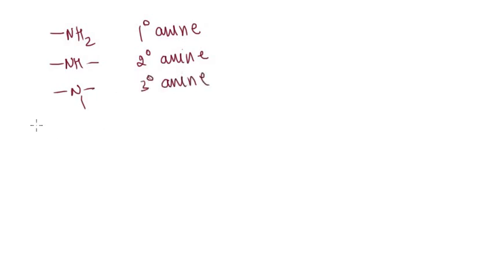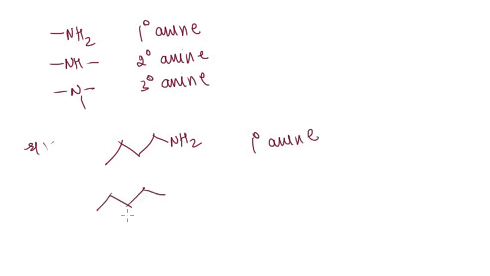So if I write some examples again, NH2, it will be a 1 degree amine. If I write this, it will again be a 1 degree amine. Now let's take some more examples. It will again be a 1 degree amine.